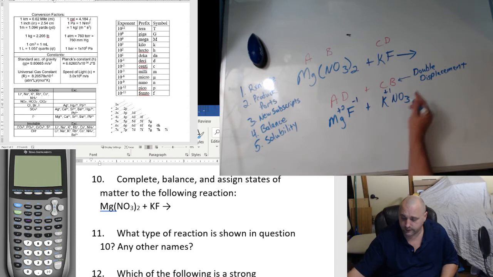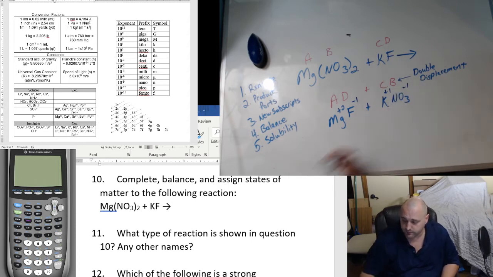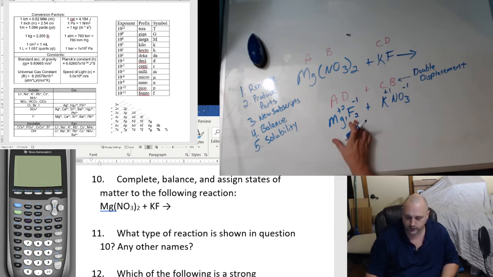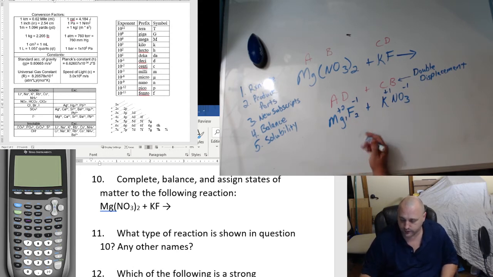And nitrate, I had to have my memorization part to know that that's a -1. So that's my polyatomic ions list. And now I'm going to do my crisscross. So this becomes a 1, this becomes a 2, this is a 1, and then this would be in parentheses with a 1. And so that's 1 to 1, and this is 2 to 1. Don't forget you have to reduce the ratio. Okay, so my ratio is 1 to 2 and 1 to 1, so we're good there.